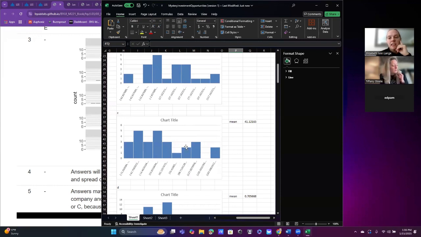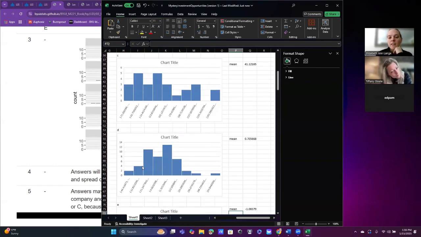Based off of what I did, I would go with C, and it makes sense because it's the most consistent. If I'm looking at investments, I'm going to want to invest in C because it has the most consistency. Even when it does go down, it's still consistent when it's down.